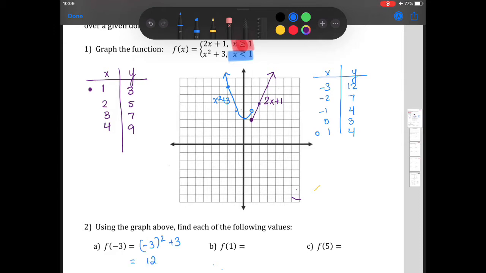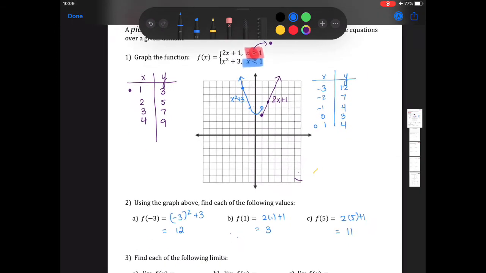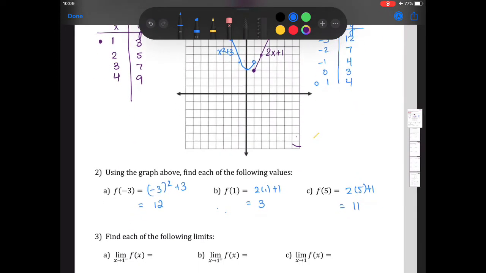F of 1, I'm going to use the first function because it has greater than or equal to. So this would be 2 times 1 is 2 plus 1 is 3. And f of 5, which is also the first function, so 2 times 5 plus 1, which I get 11.